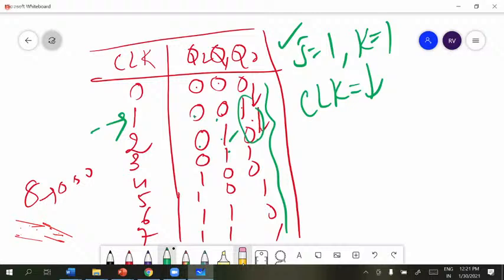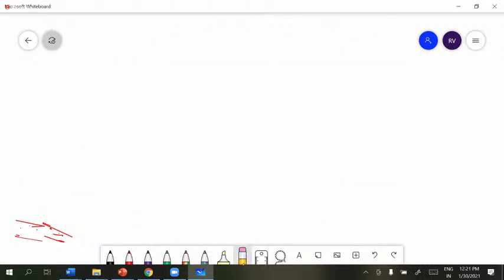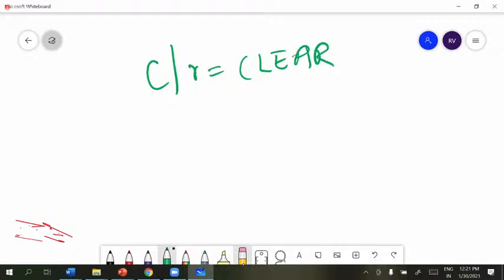The output of the first flip-flop is connected as the clock for the next flip-flop. The output of the next flip-flop is connected as the clock of the next flip-flop. Like that it continues. And initially what I said to you, clear should be given. Clear should be made high. This is actually CLR.